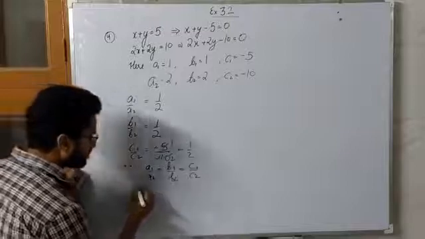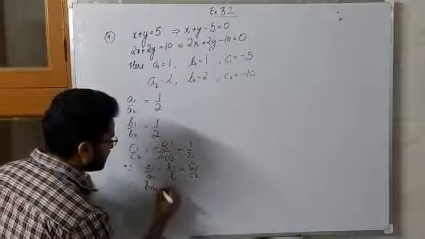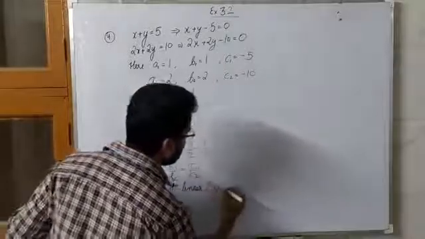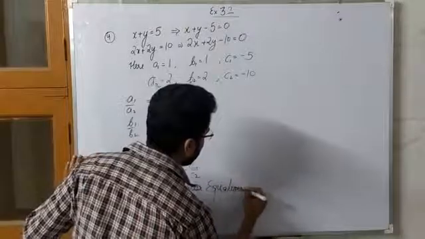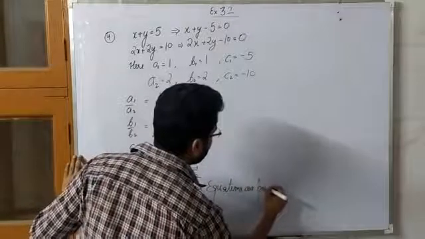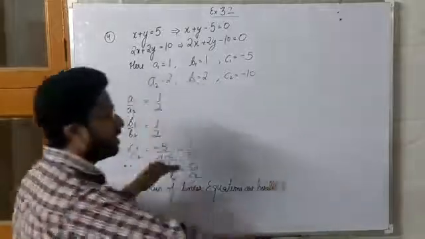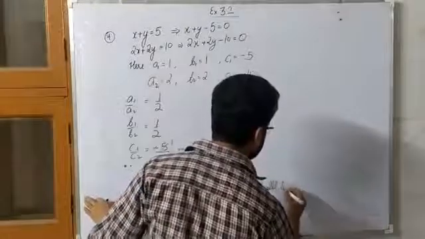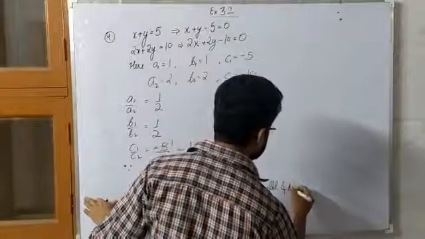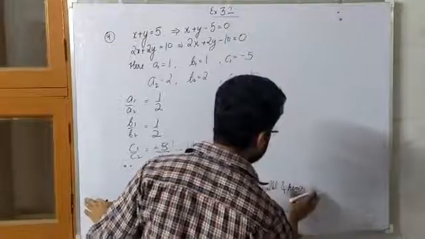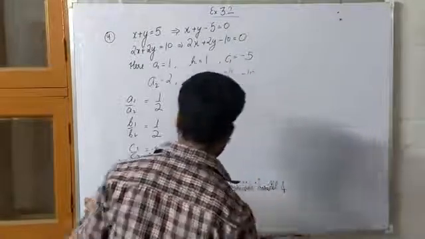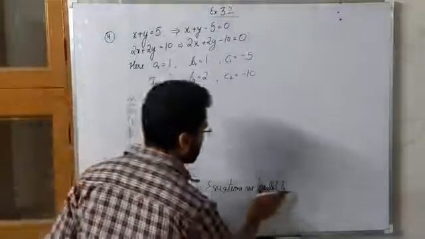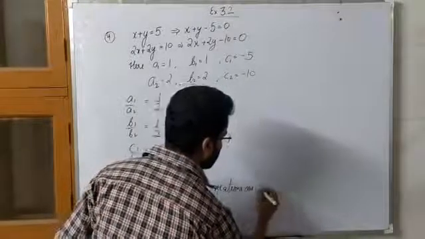So therefore, the pair of linear equations are parallel, right? And if they are parallel, that means they have no solution. Pair of linear equations are parallel, and hence not parallel, they are coincident. Hence the pair of linear equations are coincident.